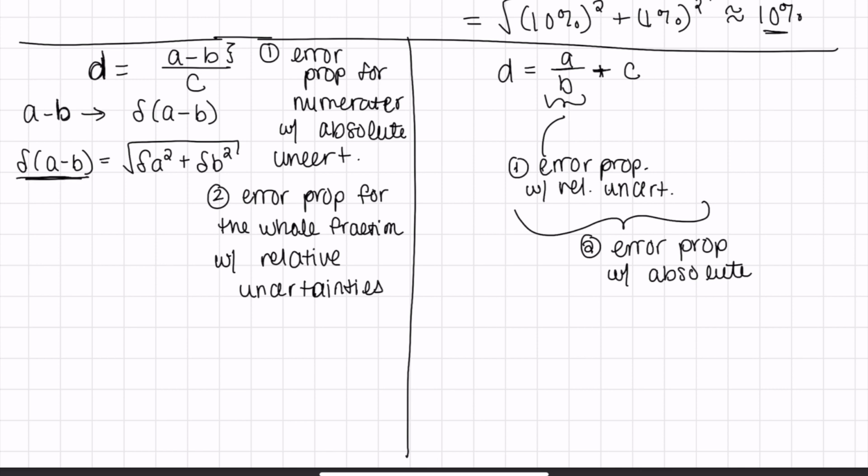So the uncertainty in D will be the uncertainty in A minus B over A minus B times 100%. I totally wrote this in the wrong spot. Those should all be squared, plus the uncertainty in C over C times 100%, squared.